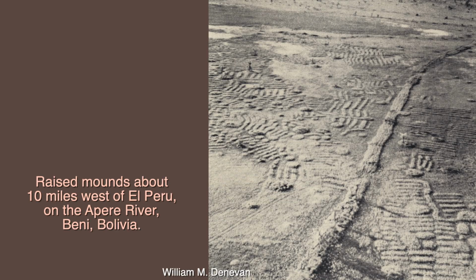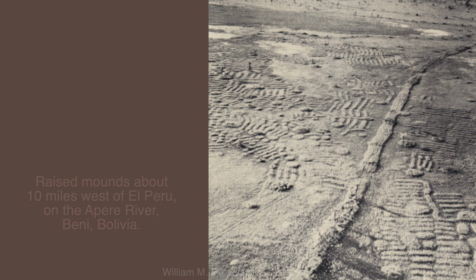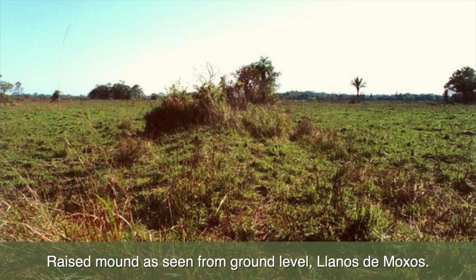In 1966, Denevan estimated a minimum of 100,000 drained fields occupying 15,000 acres spread unevenly over an area of 30,000 square miles in the western Beni. Such example of agricultural engineering on a massive scale shows how humans in this part of the world were able to survive despite seemingly insurmountable odds.